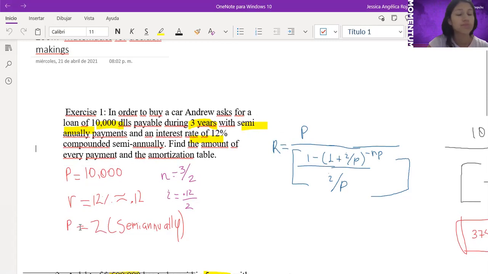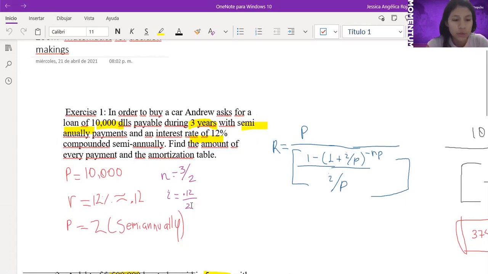The other, P, is equal to the compounding frequency, that is 2, because it's semi-annually. N is equal to the time, that is 3 years times 2, which is compounded.